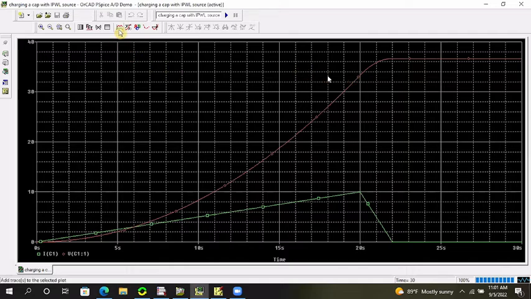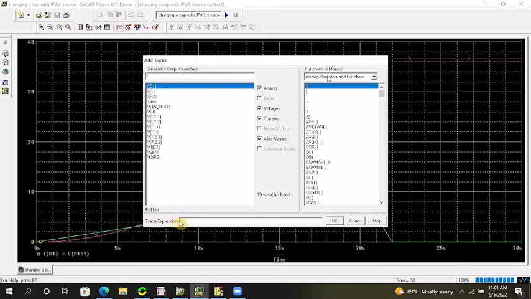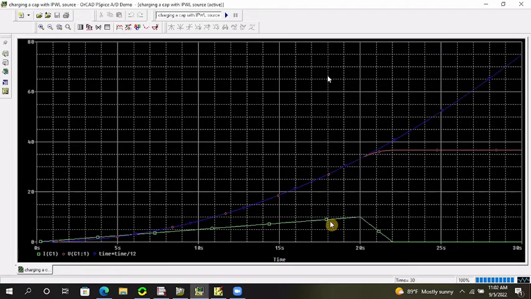We already got the equation for that. The equation for that is time times time, divided by 12. There it is. You see the blue is right on top of the red?